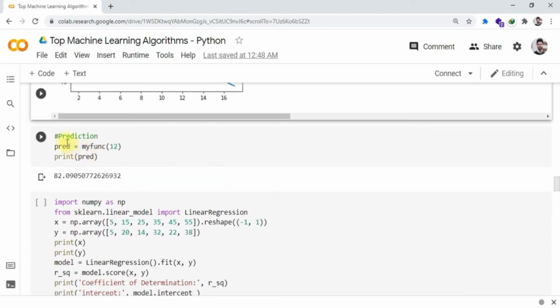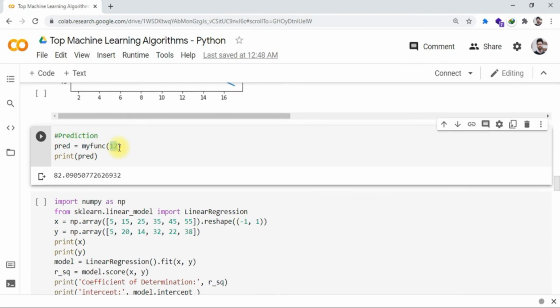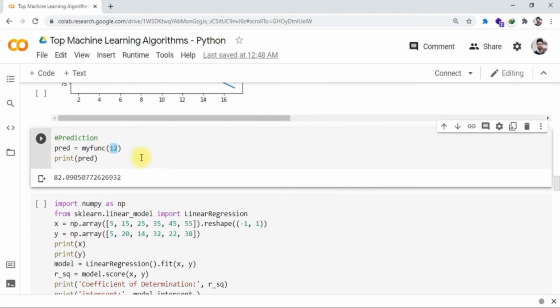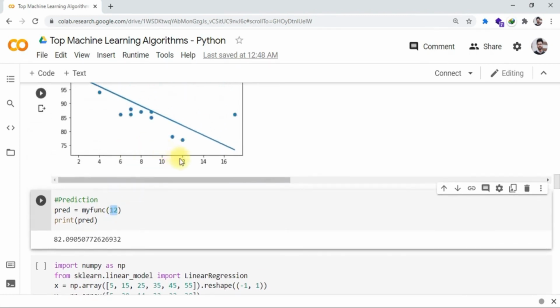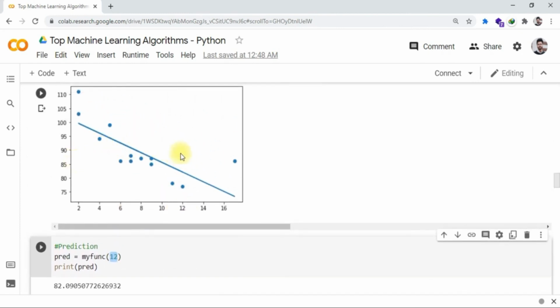Here we can just use the same function to predict the value. I want to predict the value of 12, so I give it x and it will return us the y. So for 12 it will predict the value 82, up to on this line here.